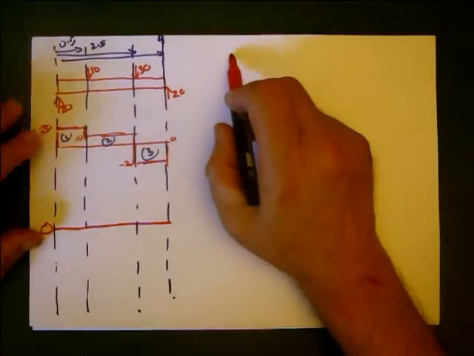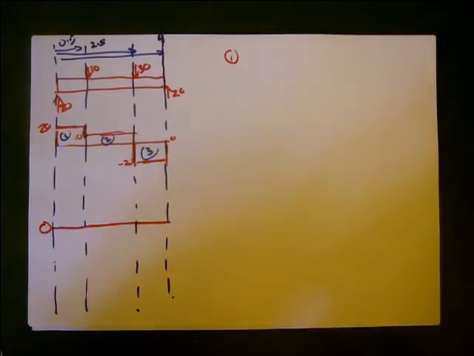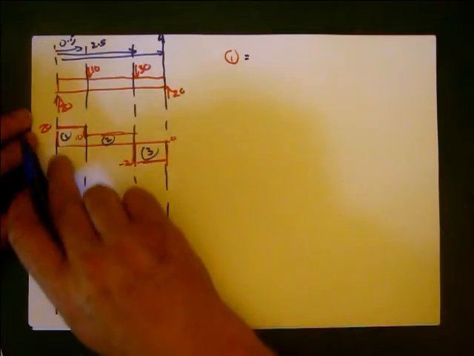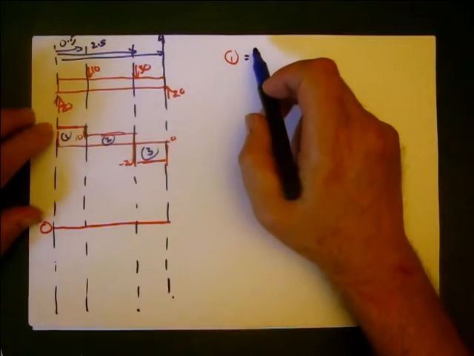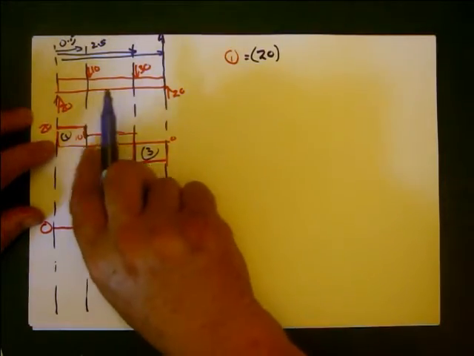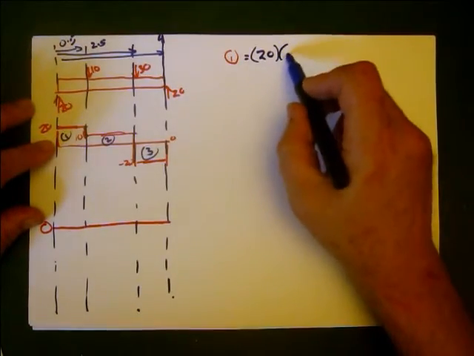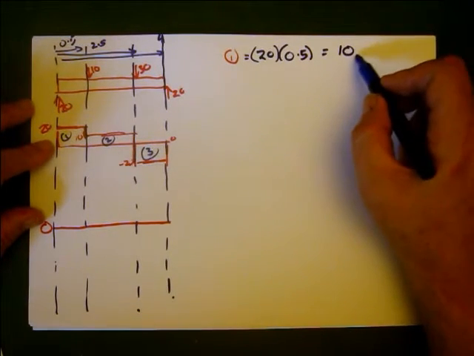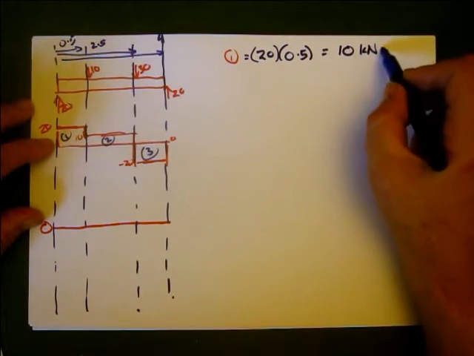So area 1 is going to equal, well, it goes up 20, at this point we're at 20 kilonewtons times 0.5 meters equals 10 kilonewton meters.